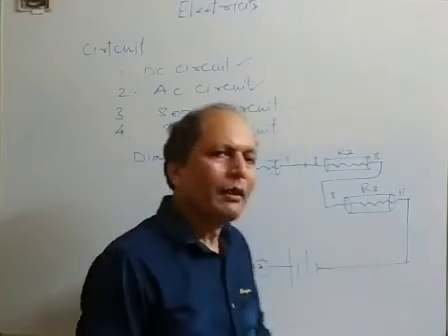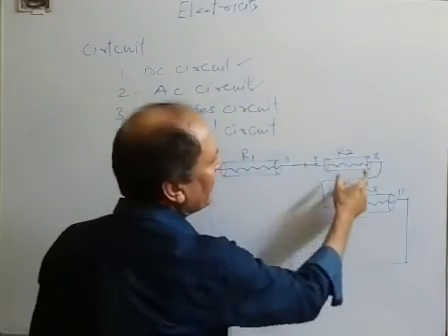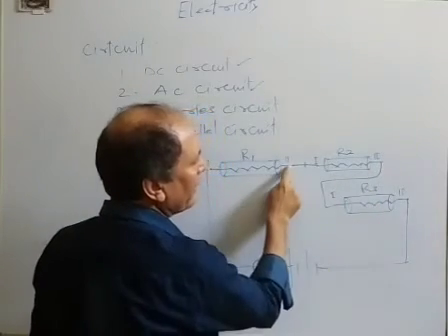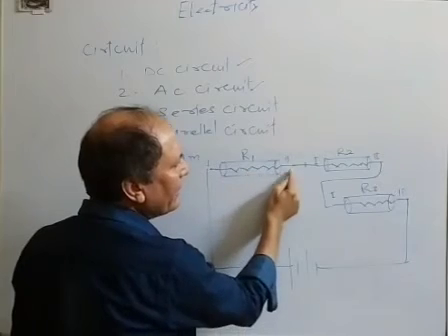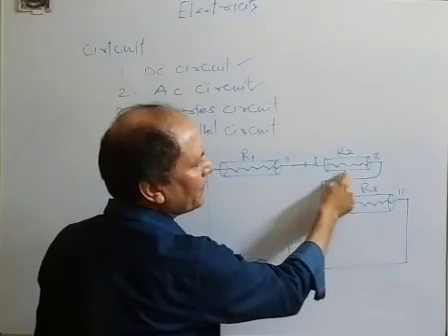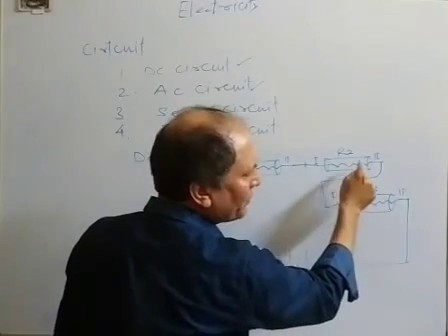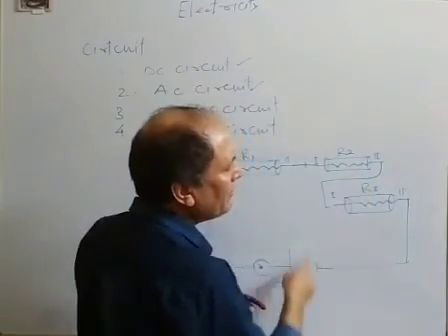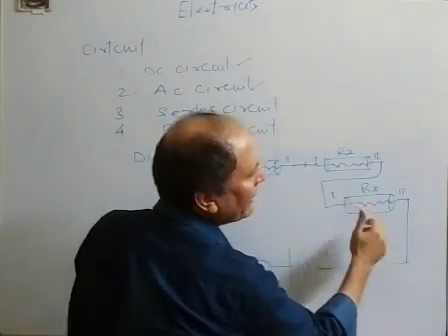Once again, in series circuit, resistors are connected end to end, in which second terminal of first resistor is connected with first terminal of second resistor. Second terminal of second resistor is connected with first terminal of third resistor, and after third there is no resistor.